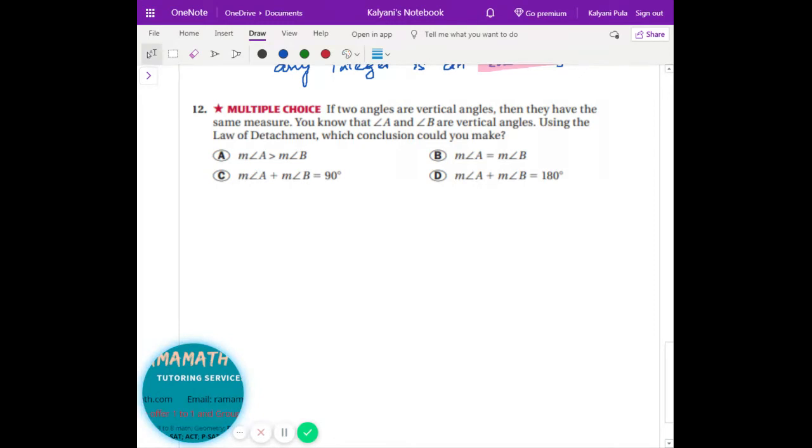If I draw a line like this and a line like this, these are called the vertical angles. This and this are vertical angles, and these are vertical angles. They're equal to each other.